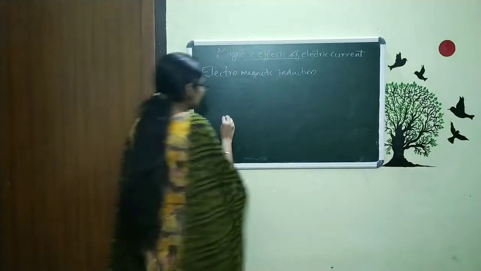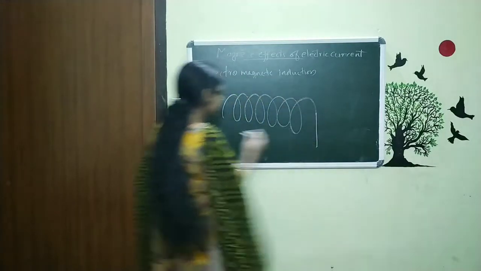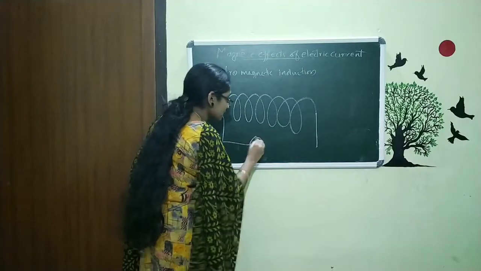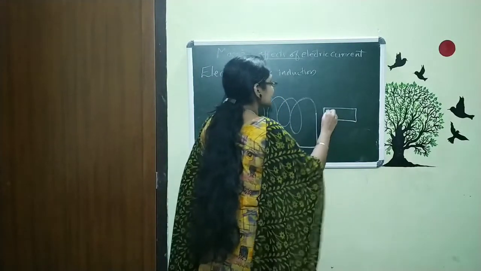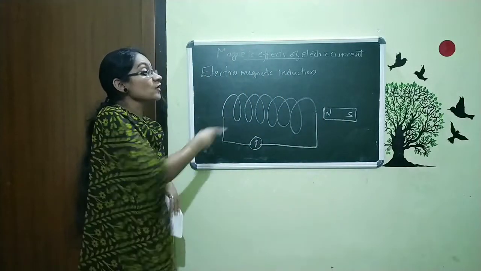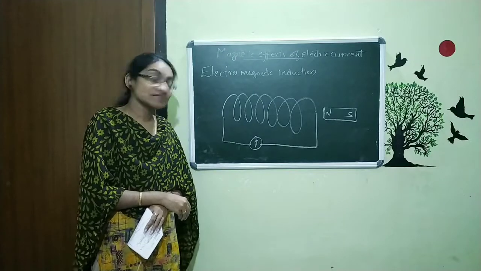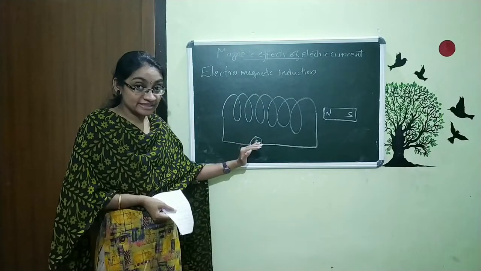We already said that we have a coil, a galvanometer, and a magnet. When the number of coils is increased, the deflection produced is also increased.